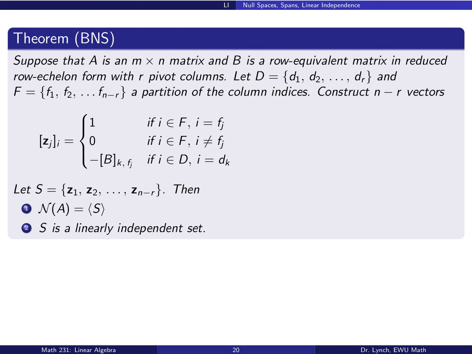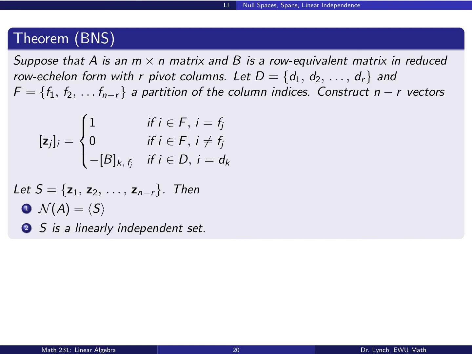Then the null space of the matrix A is the span of this set S of n minus r vectors, and this set S has the special property that it's linearly independent. This is called Theorem BNS, and it's really important. We'll come back to it later.